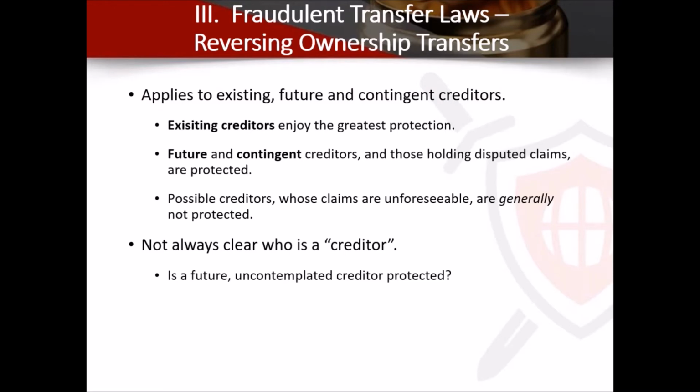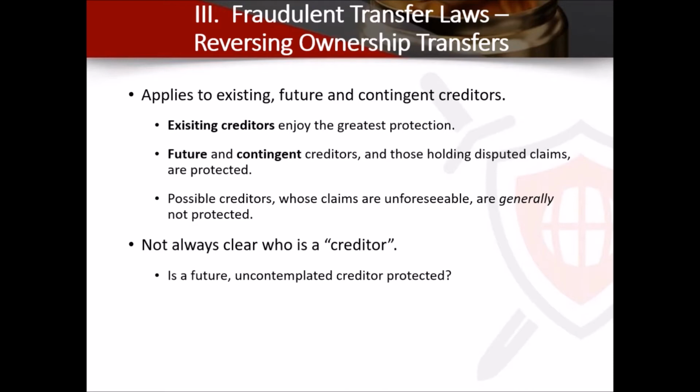We had mentioned existing creditors, future and contingent creditors, possible creditors. What about possible creditors? What if we made transfers and later somebody became a creditor and they can prove that the transfers were made, we didn't receive back adequate consideration, and we became insolvent for asset protection purposes?